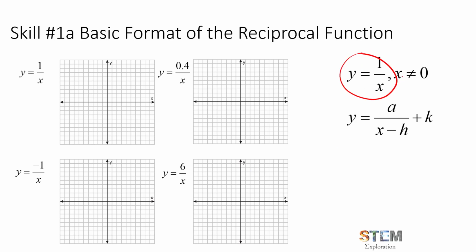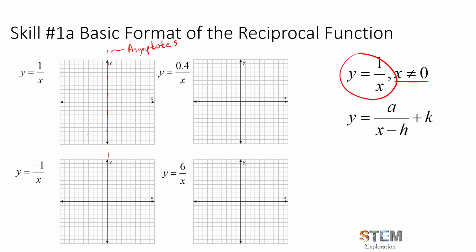If you have a basic inverse function like this, you have this basic restriction where x cannot equal 0, because you would get a 0 in the denominator. When x equals 0, you tend to get this unique behavior where you can't cross this imaginary boundary, and we refer to these boundaries as asymptotes. We've talked about these a little bit in the past, but we're going to visit them again.